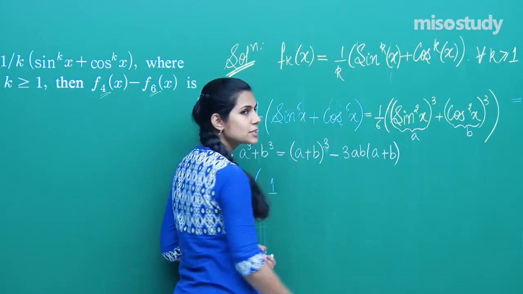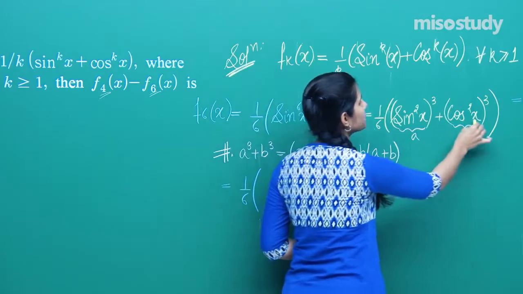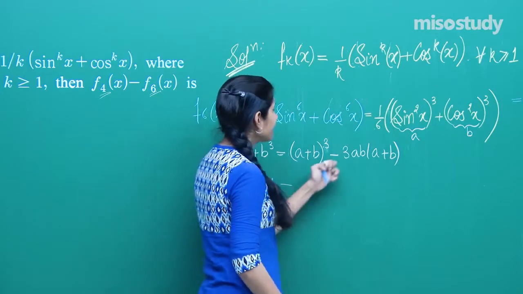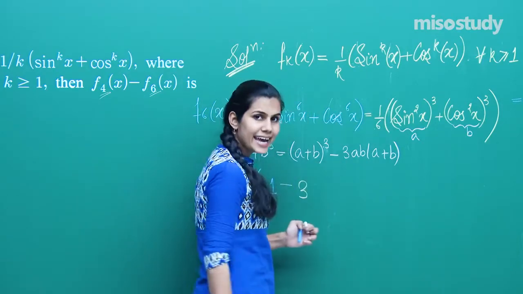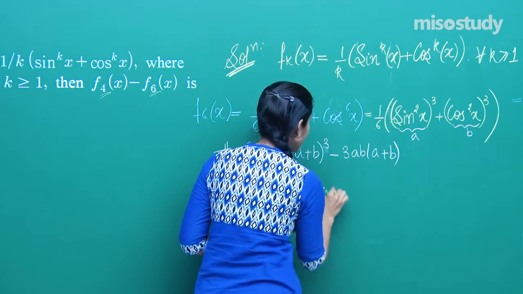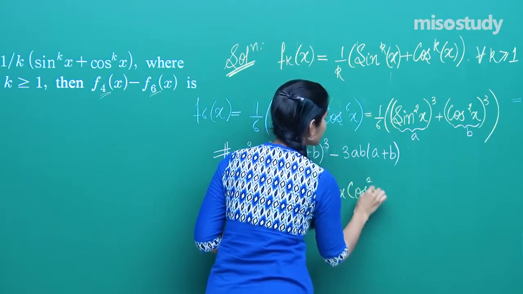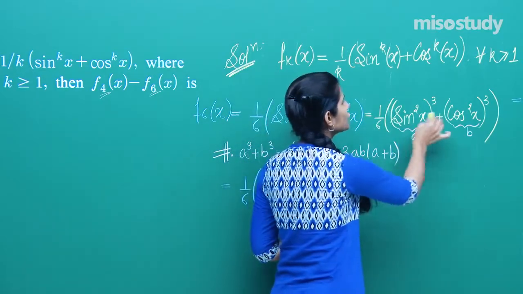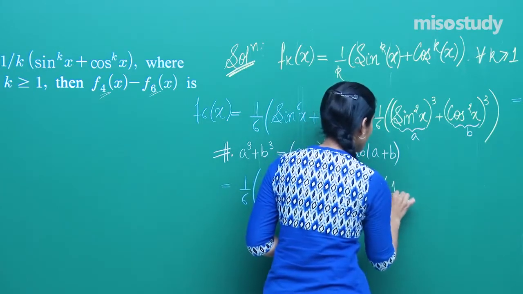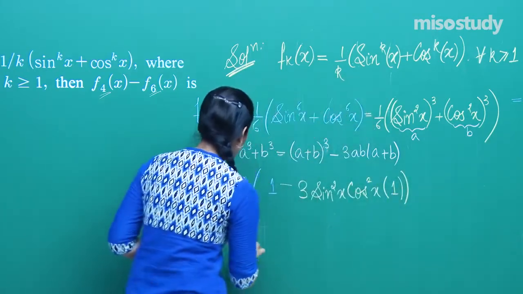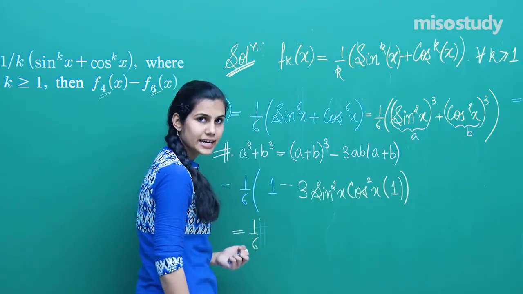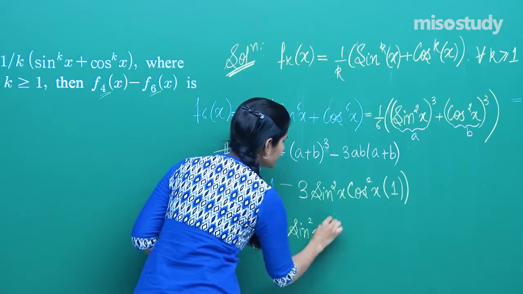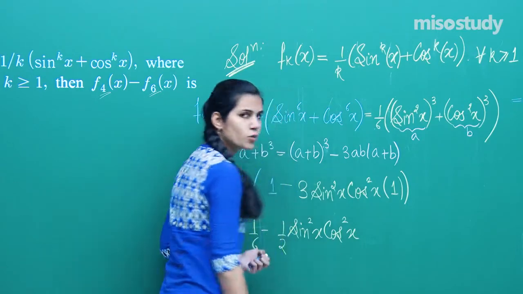So when I want (A plus B) whole cube, it is nothing but (sine square x plus cos square x) whole cube, which is 1 cube, which is 1, minus thrice of A into B, which is sine square x into cos square x, multiplied by A plus B, which is sine square x plus cos square x, which is again 1. And therefore, what you get is 1 by 6 minus 1 by 2 sine square x cos square x.